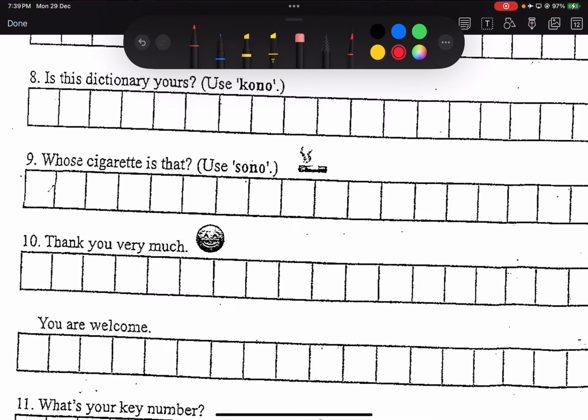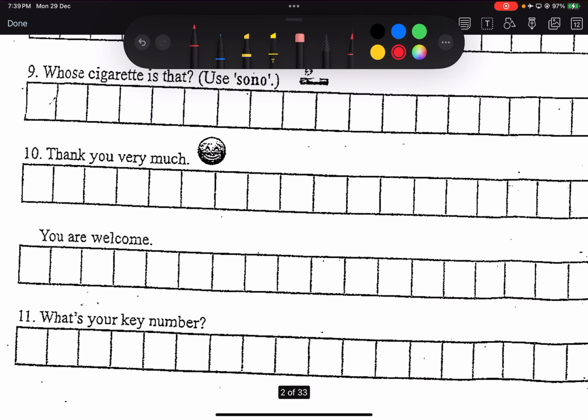So you want to say whose one. 誰のタバコですか？ You can also use それは誰のタバコですか？ そのタバコは誰のですか？ You're missing the no. For your first answer, 谁的, you're not saying 谁 then question mark. So remember the no. Okay, number 10, very easy.